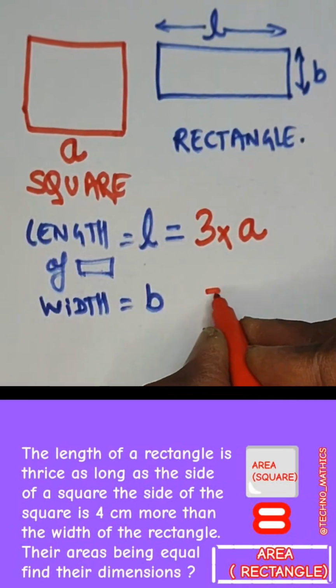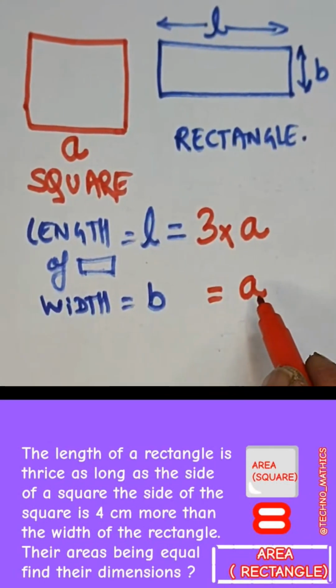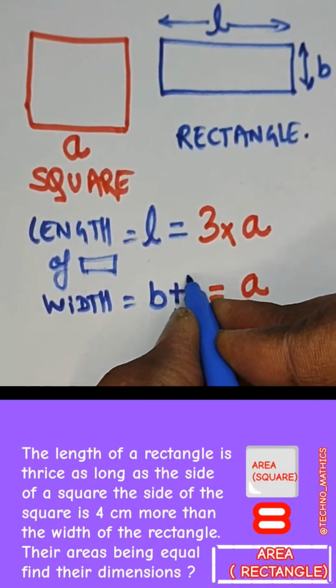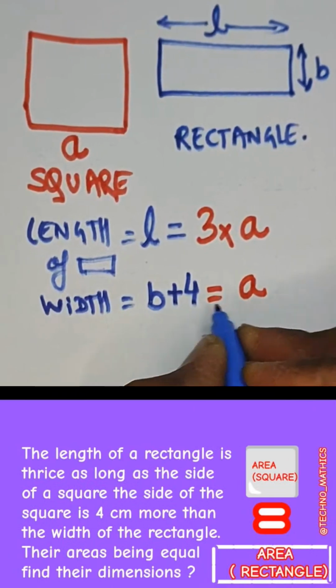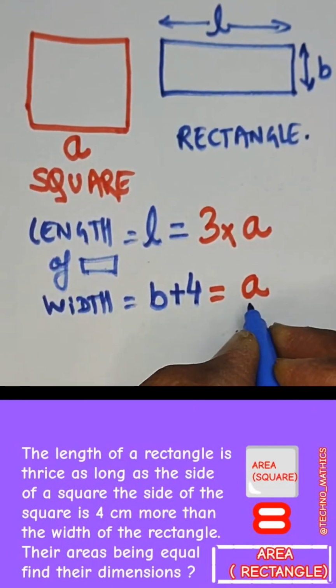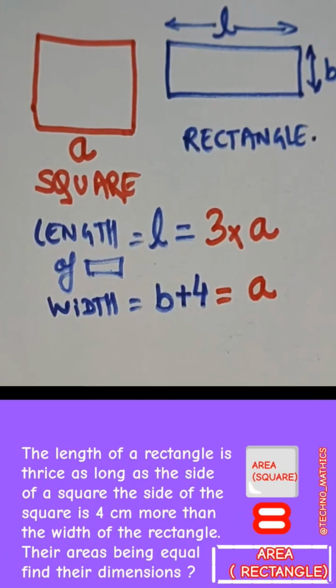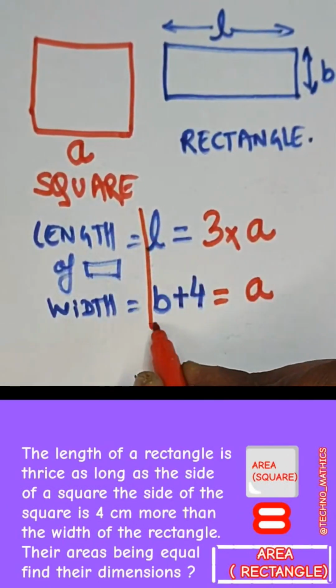That means if you consider the side of the square as A, this is 4 centimeter more. So to compensate, we need to add 4 into the LHS, then only the LHS will be equal to the RHS. These are the two relations which are given to you, my dear friends.